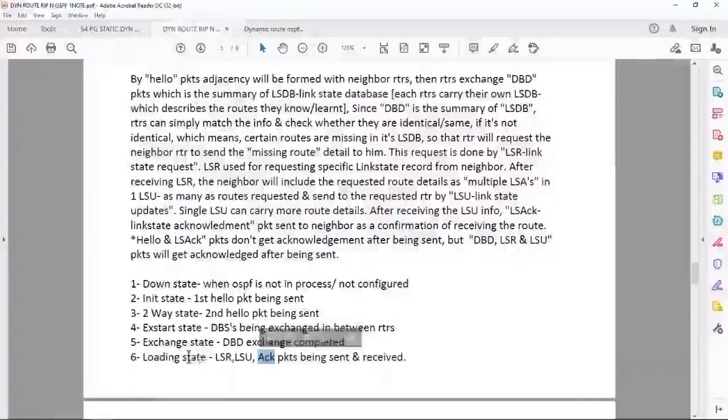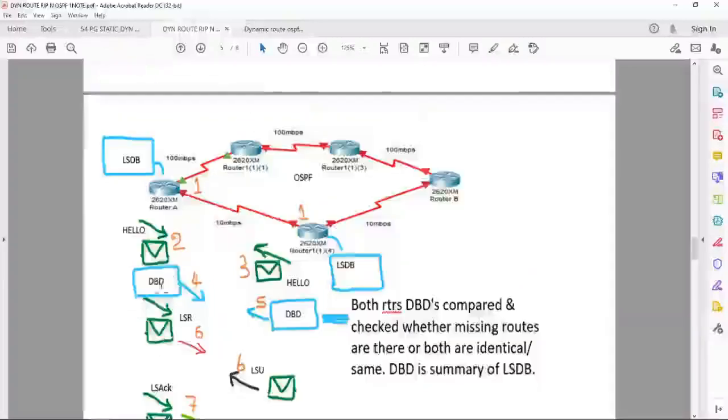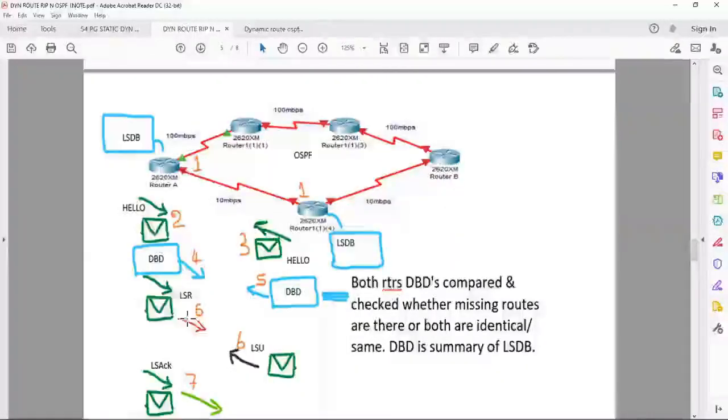In the loading state, once the DBD has been exchanged and compared, let's say for example router 1 found the 192.168.50 network is missing in its LSDB. But router 2 knows about that 50 network. So in its database description, router 1 received the 50 network from router 2. So it is going to ask router 2 to send it the route to the 50 network via the LSR packet, link state request packet, which means, how can I reach that 50 network?